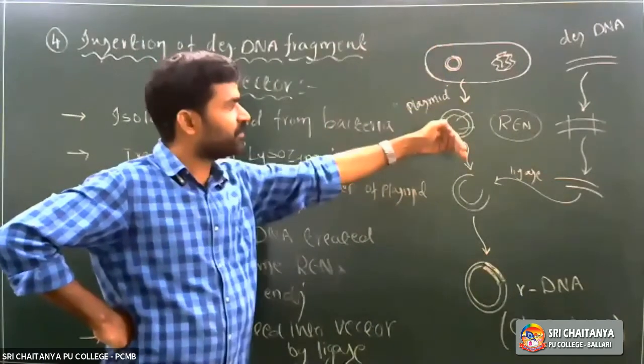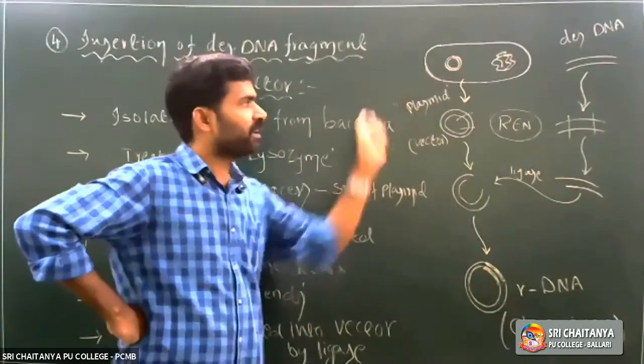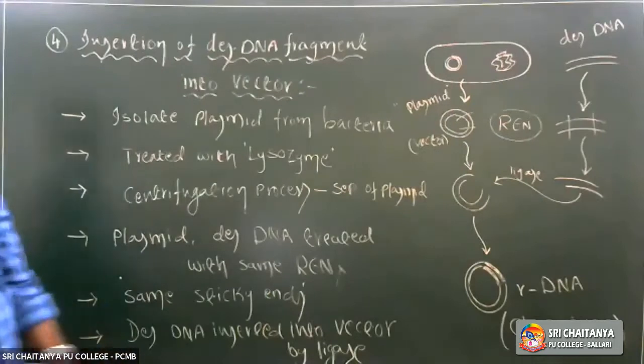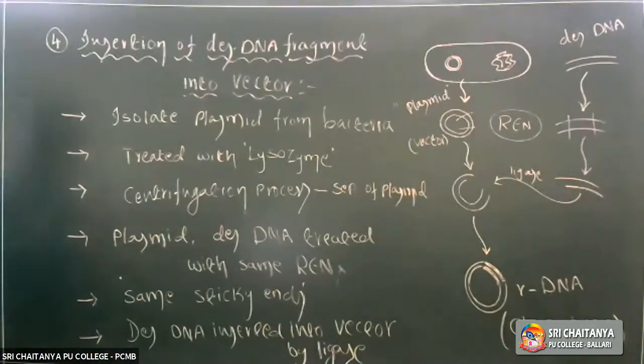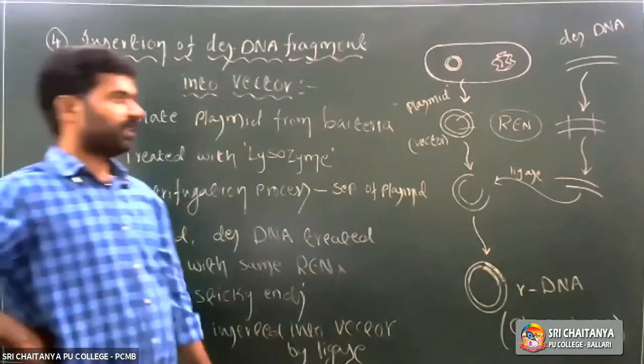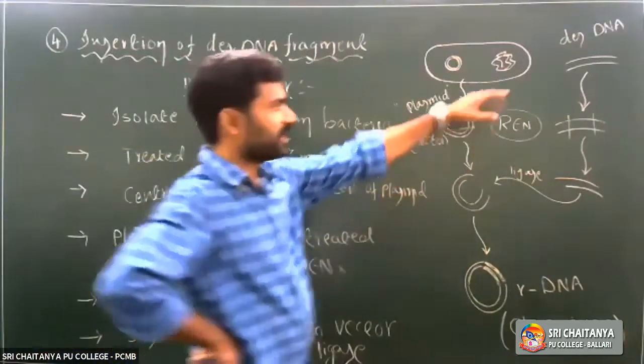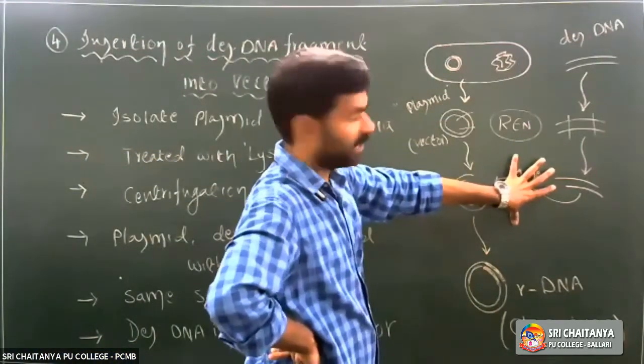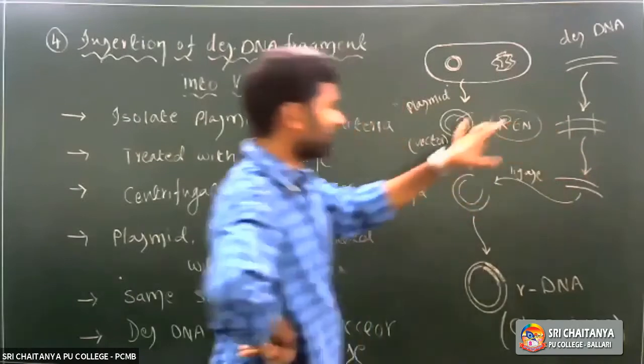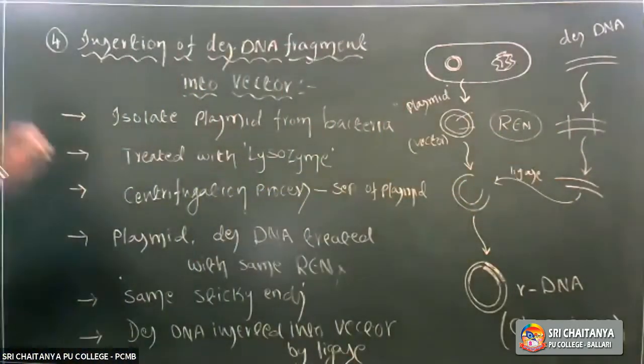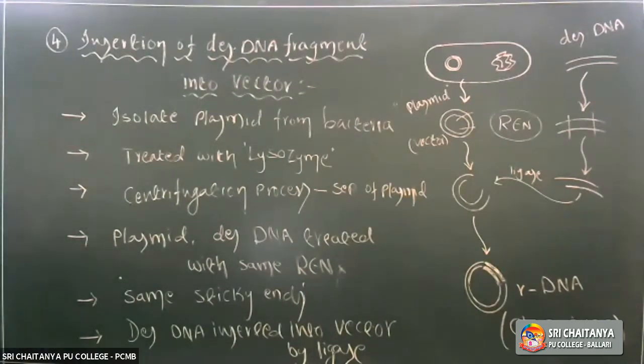After collection of vectors from the bacterial cell, that vector and the desirable DNA are treated with the same type of restriction endonuclease enzyme, so they form the same type of sticky ends. Then by using ligase enzyme, the desirable DNA is linked to the vector genetic material, and it forms rDNA or chimeric DNA. Take a screenshot now. Fourth step.